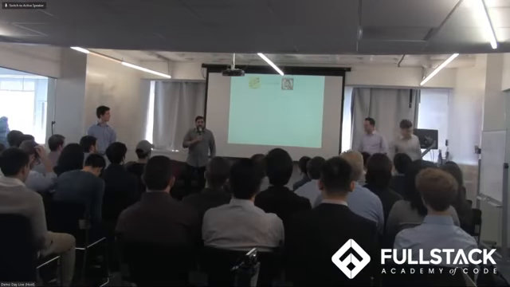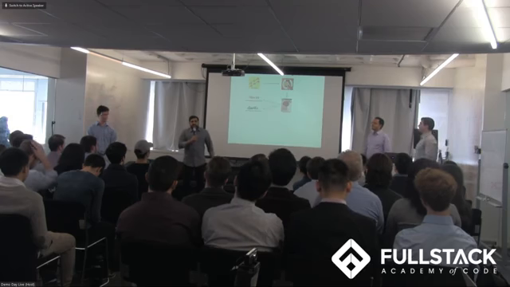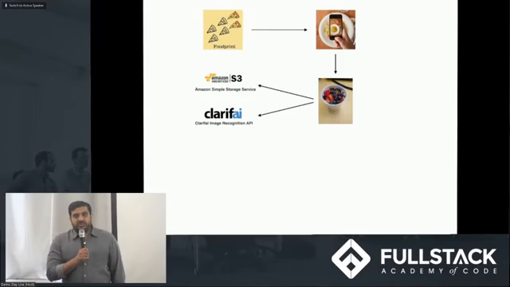Thank you, Brian. So when a user first takes a picture with the FoodPrint app, we store the images on the cloud using Amazon Simple Storage, also known as S3. At the same time, the images are sent to the Clarifai API. Clarifai uses machine learning to detect potential ingredients in the picture and sends us a list.